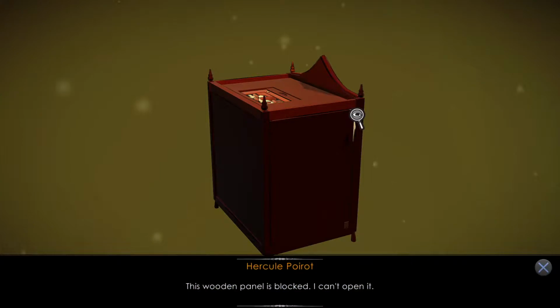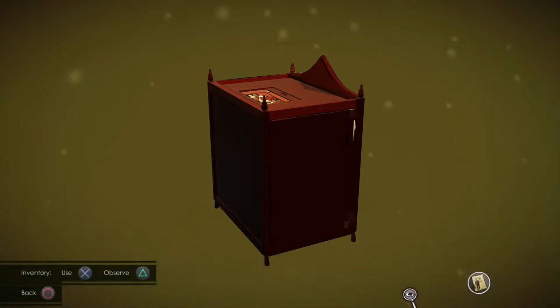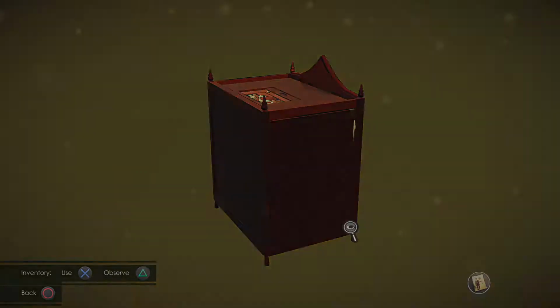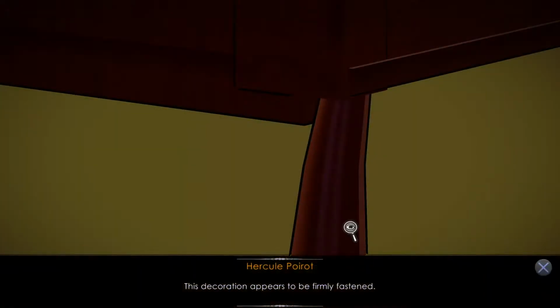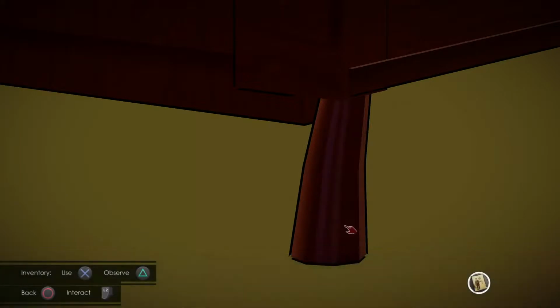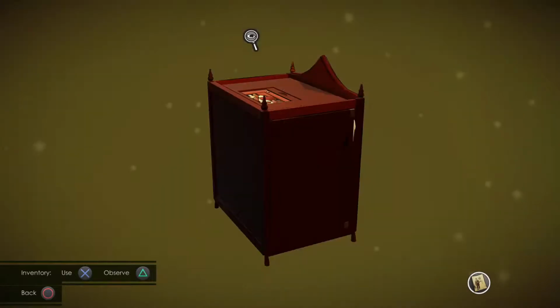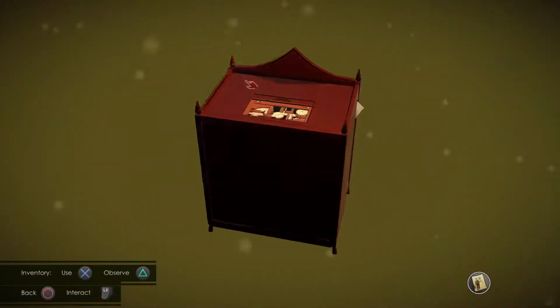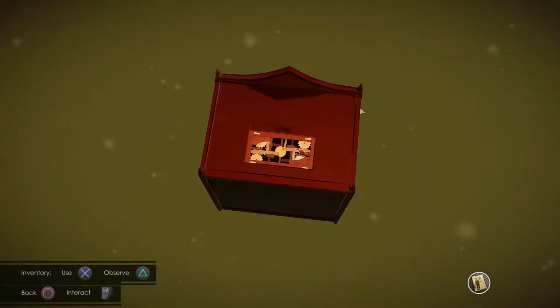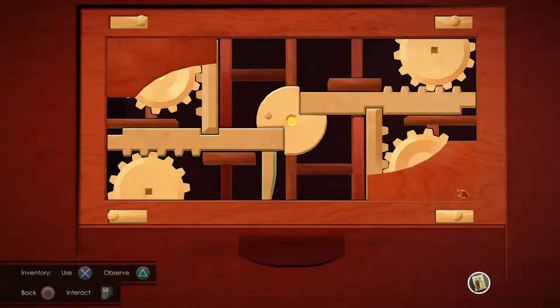This wooden panel is blocked. This decoration appears to be firmly fastened. Getting pretty close to walking away from this for a moment. Are there any bloody clues? Can I move this?